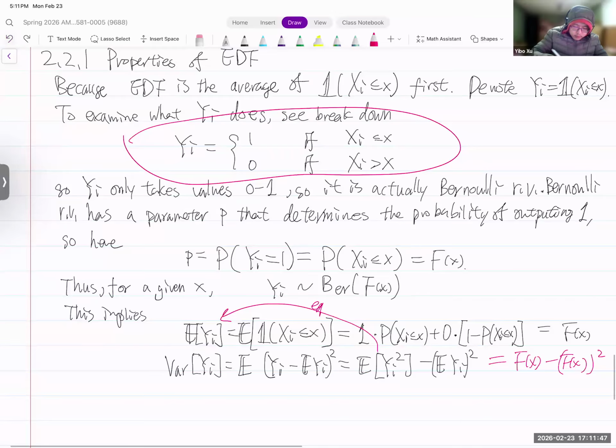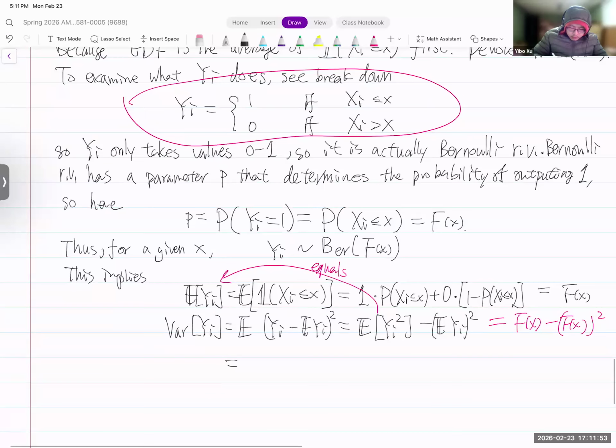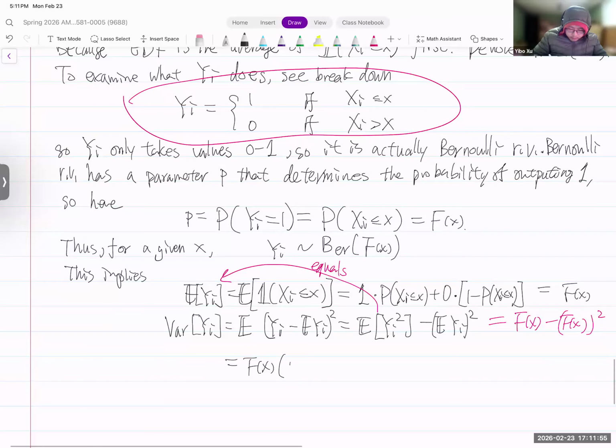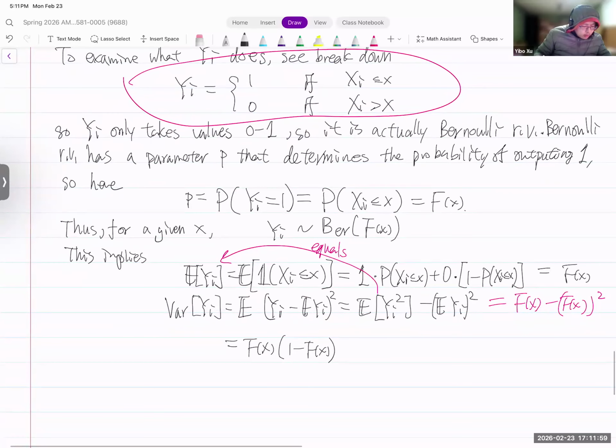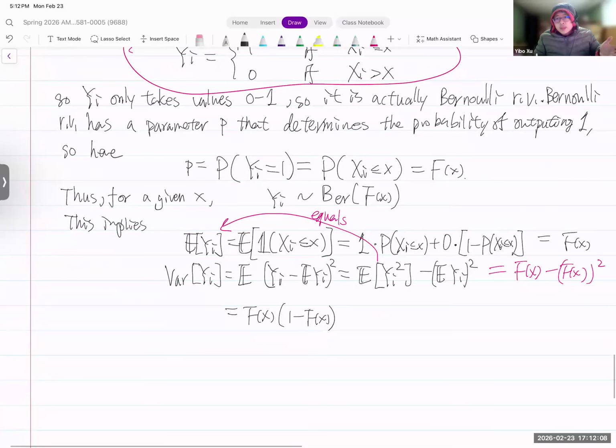That's what we should be very familiar with. This is exactly the reason why many people would write F of x times one minus F of x to indicate the variance here. It's nothing special, just Bernoulli. But now we have x fixed, and that gives you the computation.